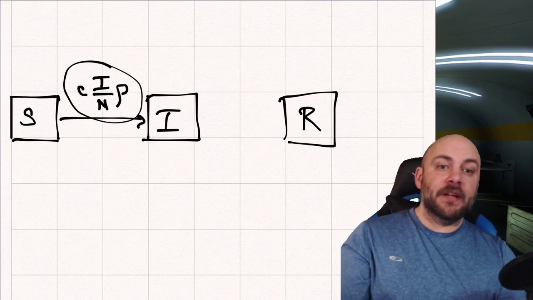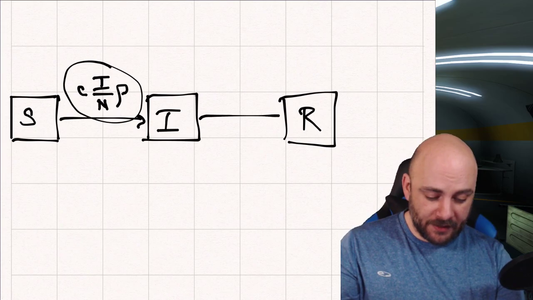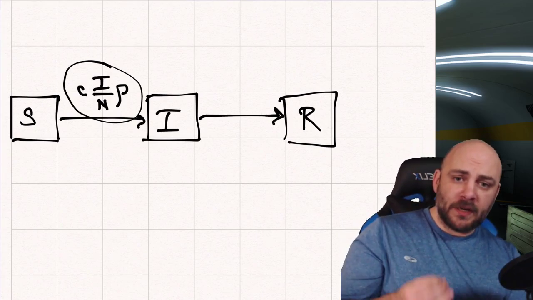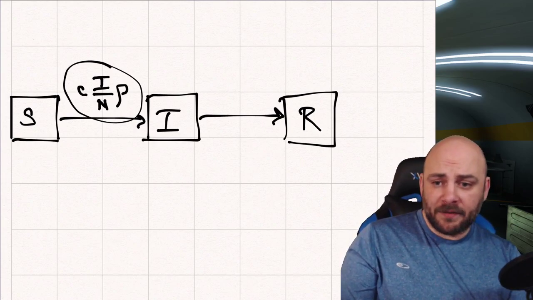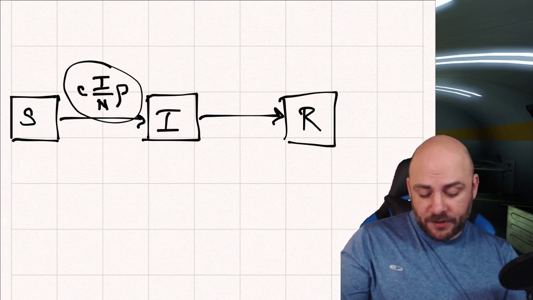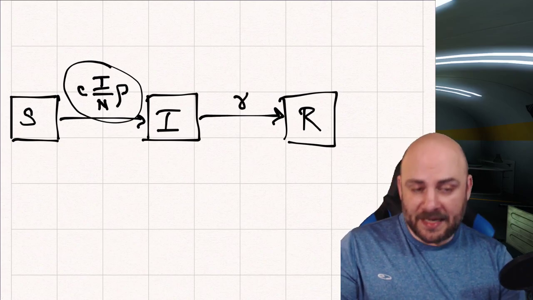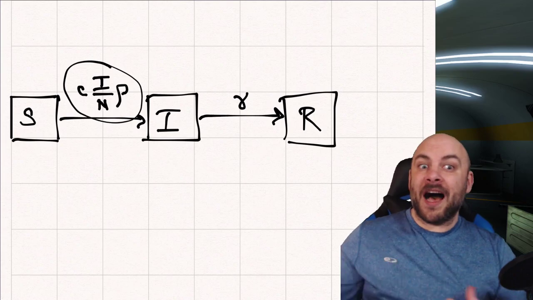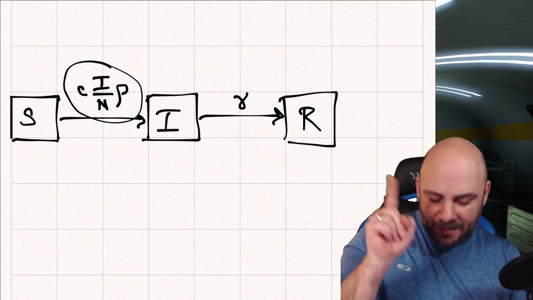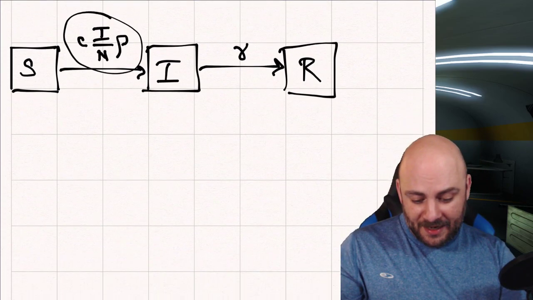Now, to tell the narrative of how to go from I to R, we are again going to keep it simplistic. We're just going to say that after a particular amount of time, you recover. So there's a recovery rate, and we're going to call that gamma. Now that's for you, but all I individuals are doing this, so that gamma is going to be multiplied by I.